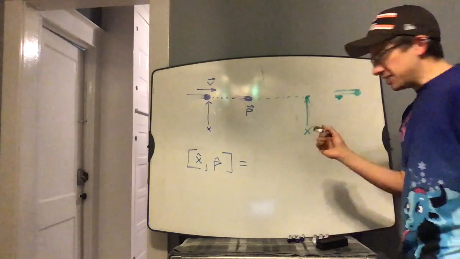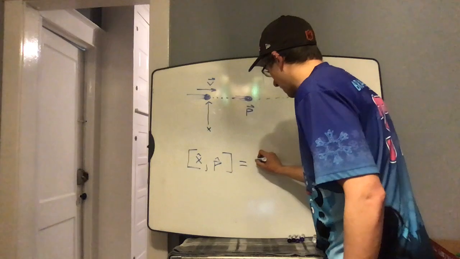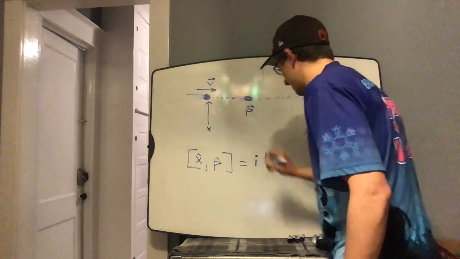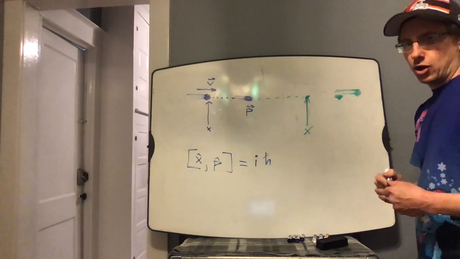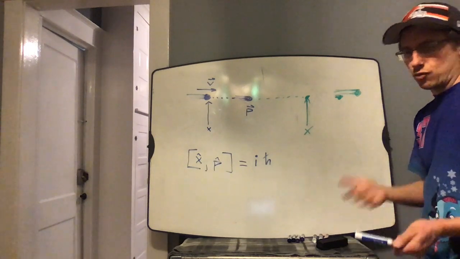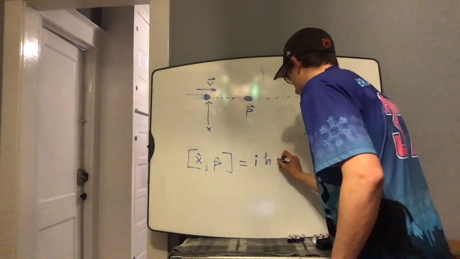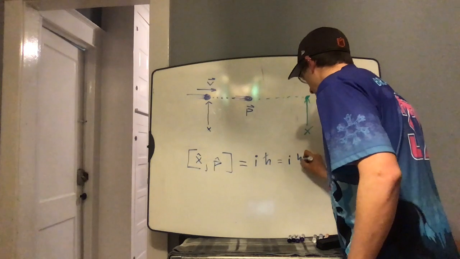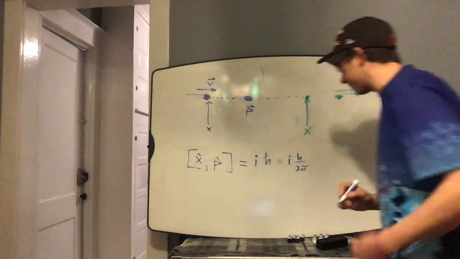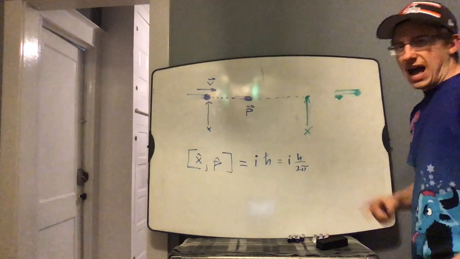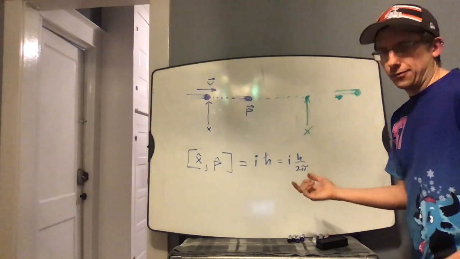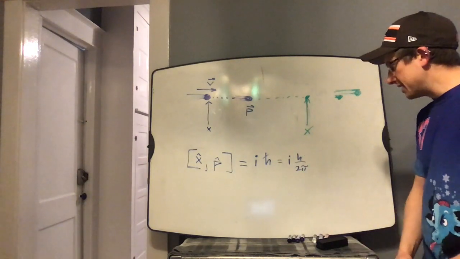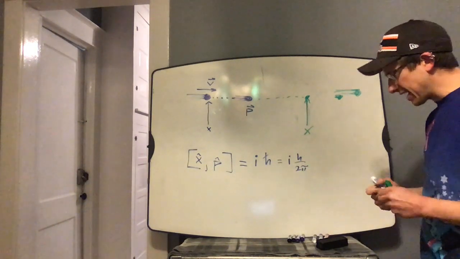The thing other than 0 that this commutation is equal to is i h bar. Now, h bar is the reduced Planck's constant, equal to h over 2 pi. So i is the square root of -1, the complex number, and h is Planck's constant.